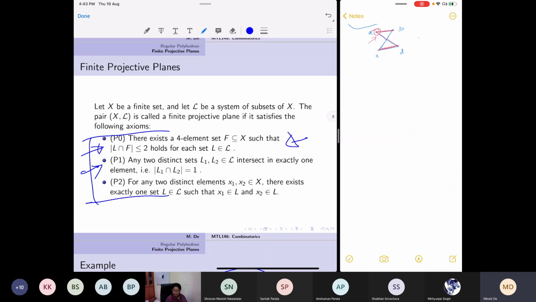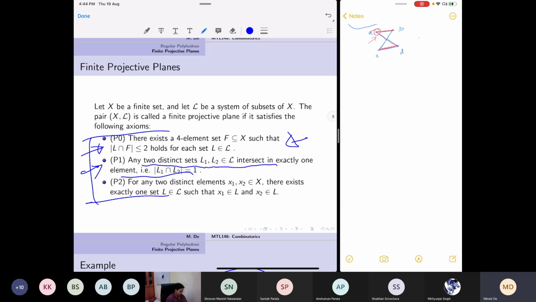Let's try to prove P1 in your new set system. With respect to the original finite projective plane, what is the property you need to prove? In the dual plane, you need to prove that any two distinct sets intersect in exactly one element.